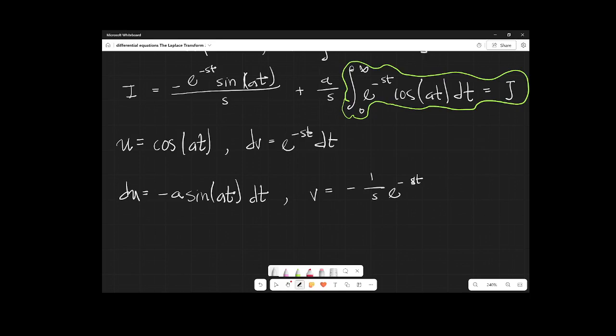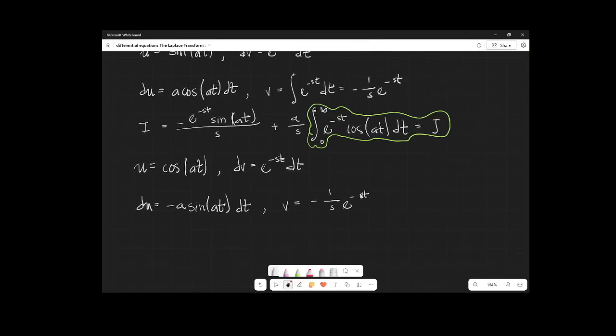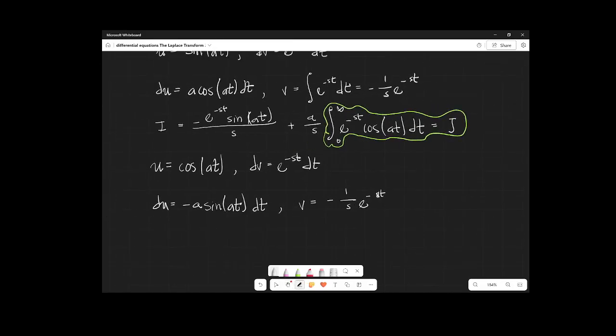The next thing we want to do is identify what j is here. So we have this huge expression. Let us solve it for j.